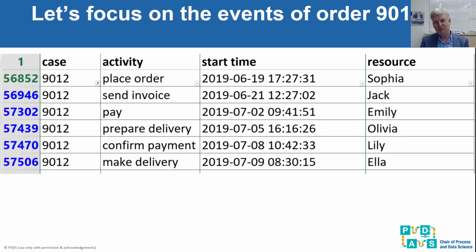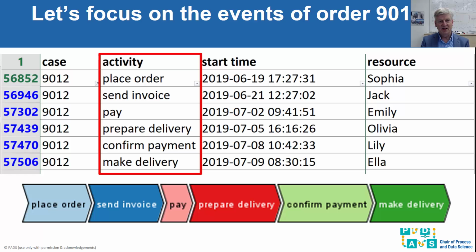If we focus on, let's say, the events of a single order, and we zoom into the case column, the activity column, and the start time column, note that there may be many other columns that we are now ignoring.